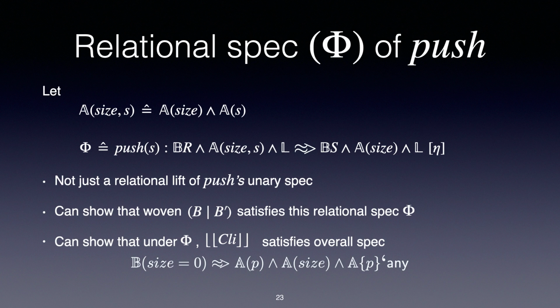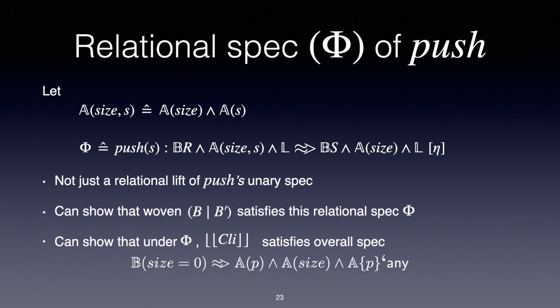And outside the encapsulated locations are these size and S. So there has to be agreement on size and agreement on S, and then in the post, you will have to have agreement on size, but we don't care about agreement on S. The point to note here is that this relational spec of push is not just a relational lift of push's unary spec. Were it that, this would have just been both R to both S eta. But it's not that. There is something more.